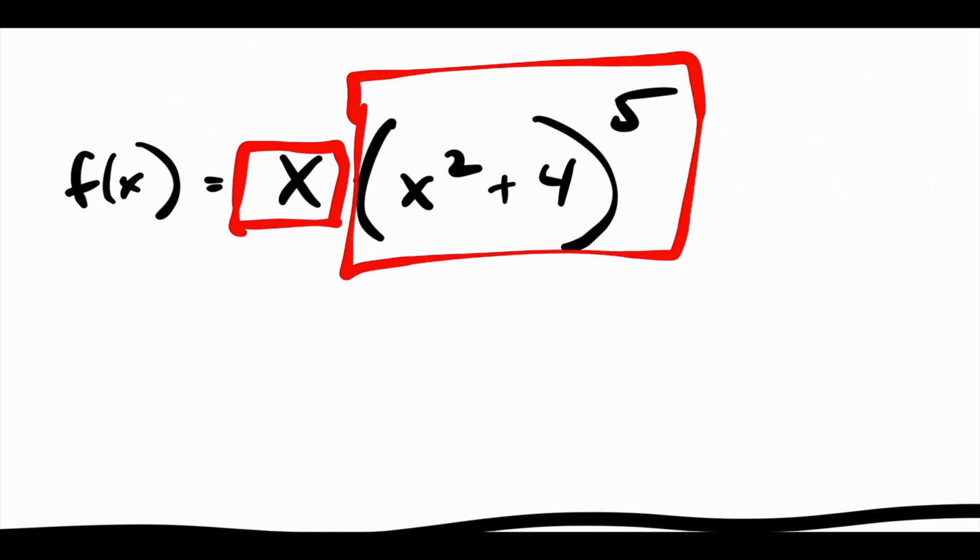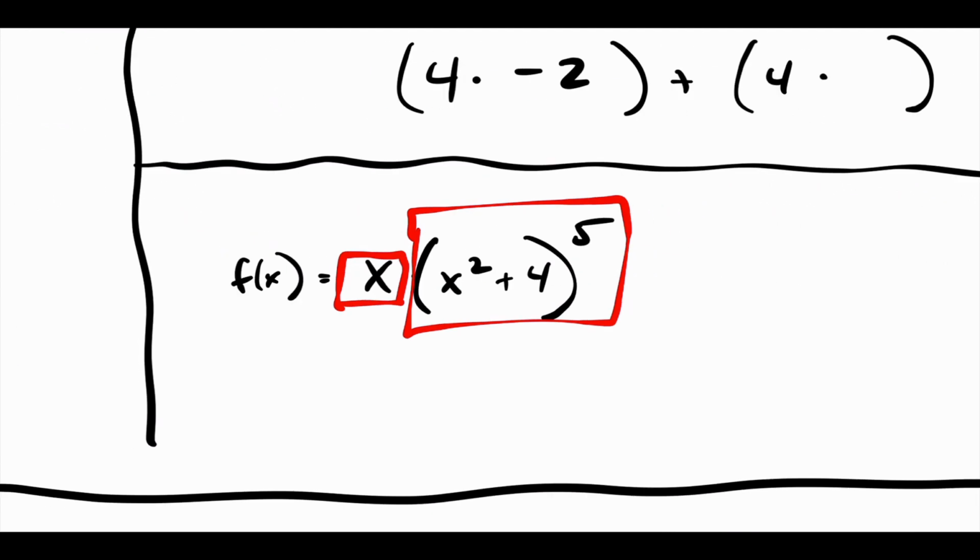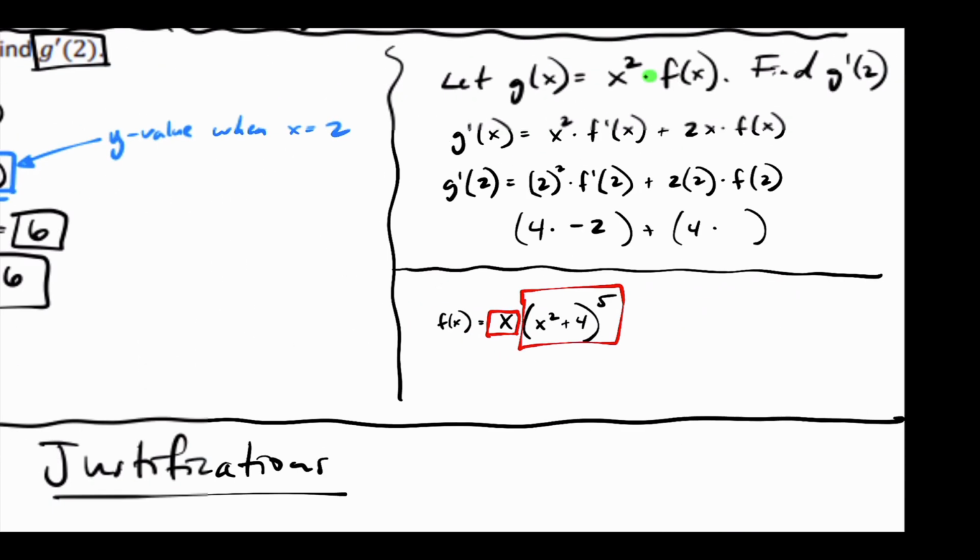Are they being added, subtracted, multiplied or divided? Multiplied, right? Then I use product rule: the first times the derivative of the second. To find the derivative of the second, I'm going to have to use the chain rule. That's one of the biggest things: when do I use this rule? Rules are used for specific reasons. I can't always use the product rule. I can't always use the chain rule. I can only use them when I need them.